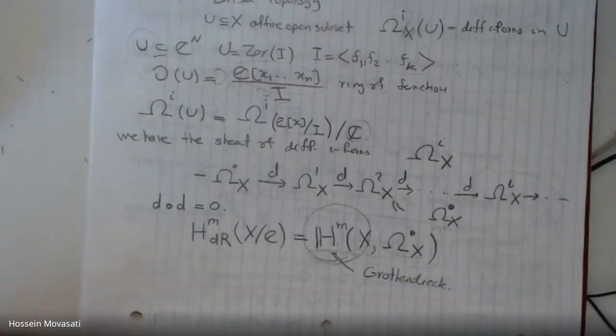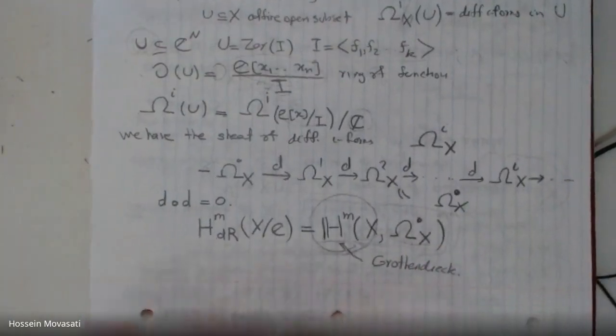Okay, so let's go to the hypercohomology. Actually, I will change the plan of today. I was thinking of talking about the Atiyah-Hodge theorem, but let's see what hypercohomology is.